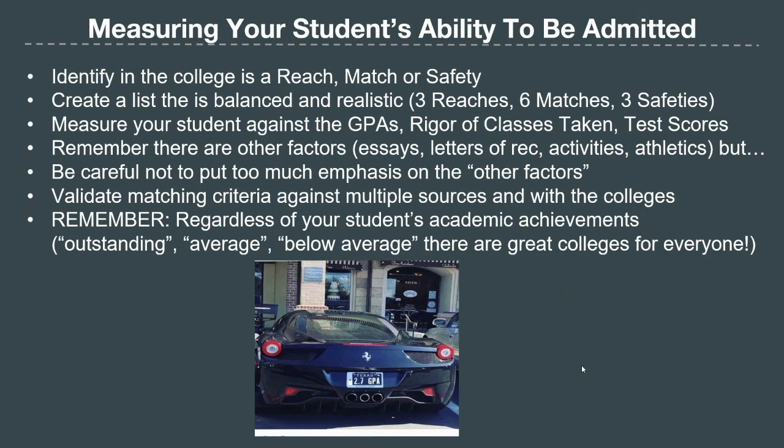You want to measure your student's GPA against the GPAs and the rigor of classes taken and the test scores of that specific college, and we're going to show you how to do that.